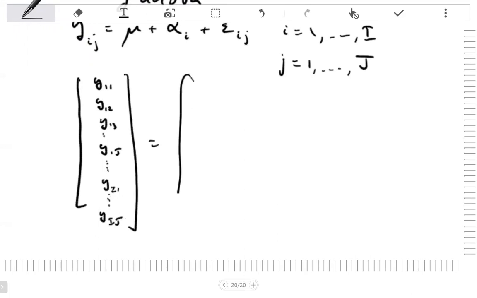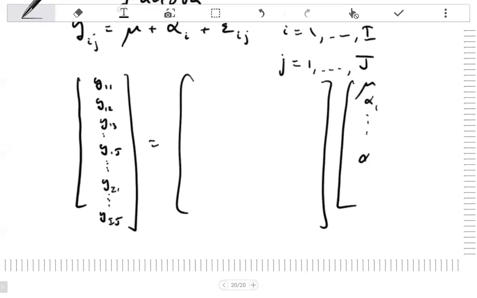And then we need to arrange all of these coefficients together, all these unknown parameters, if you like, mu, alpha 1 to alpha I, and then we need to say which multiplier applies to each one. For y11, we want the mu, of course. We then want alpha 1, and we don't want any of the other alphas.